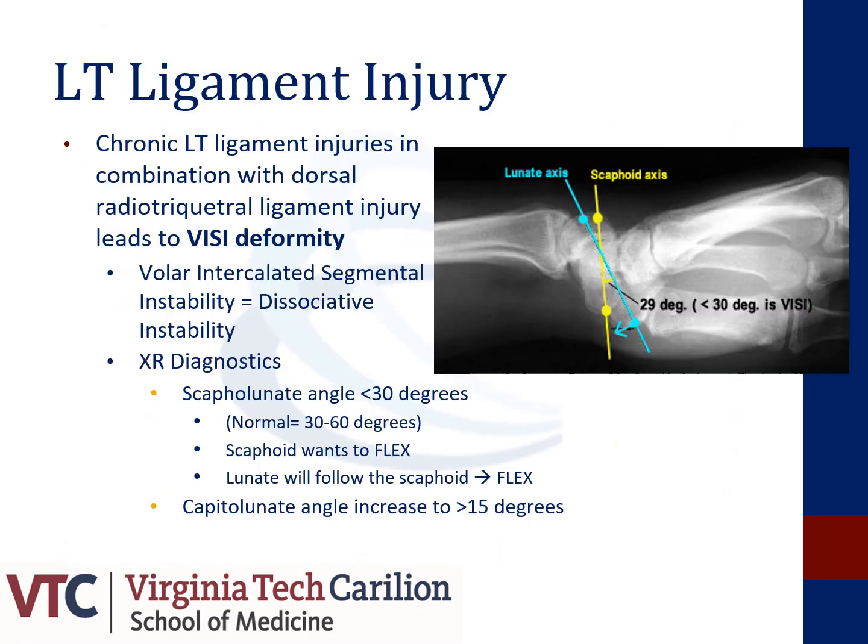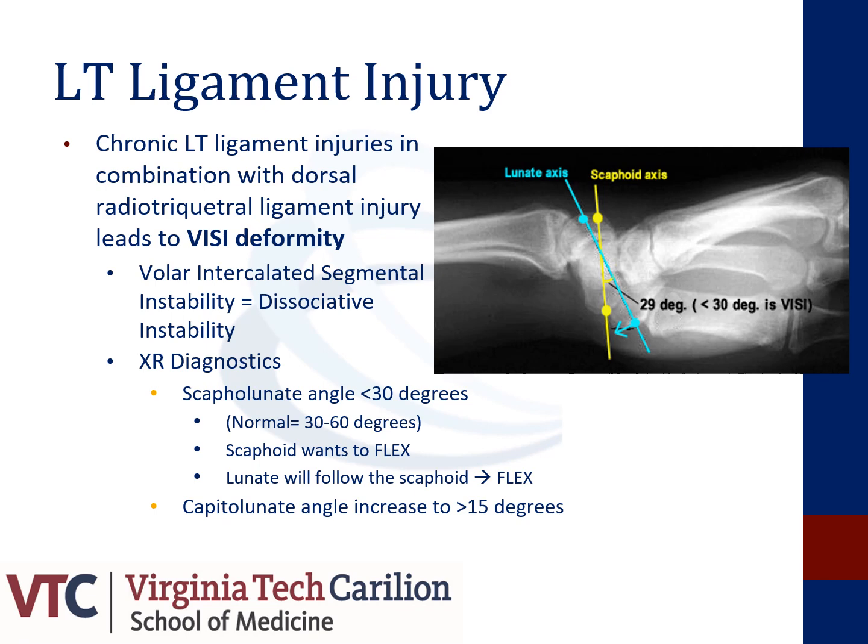Chronic LT ligament injuries, when combined with injury to the dorsal radiotriquetral ligament, can lead to the development of a VISI deformity. VISI stands for volar intercalated segmental instability, which is a form of dissociative instability. Dissociative means that it occurs within the same carpal row. How do we identify this?